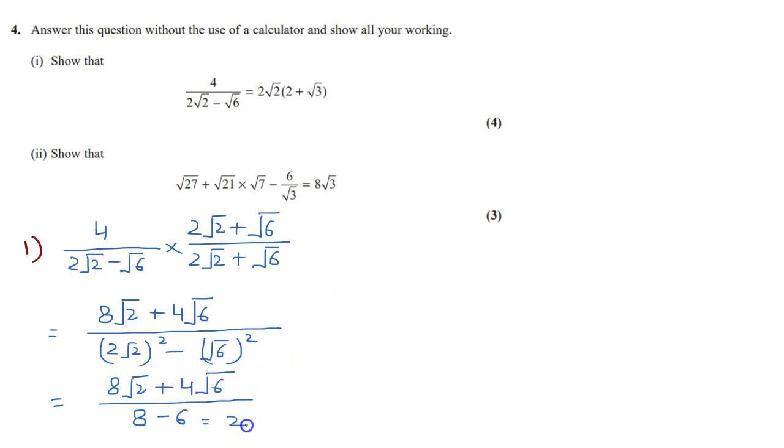So it means this is 2. This 2 can be cancelled by this 4. This 2 cancelled by 2. So this is 4 root 2 plus 2 root 6.